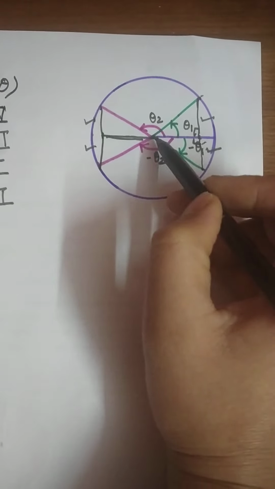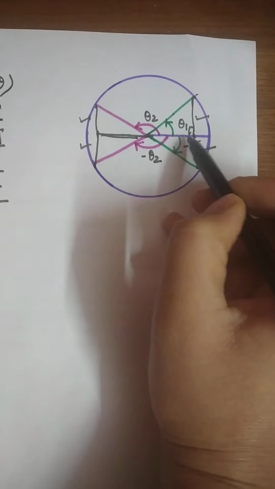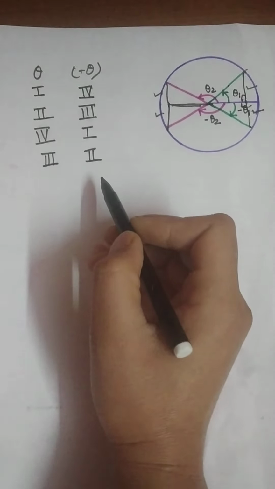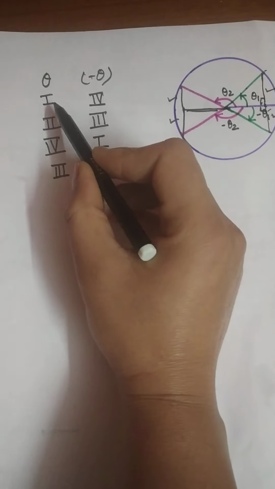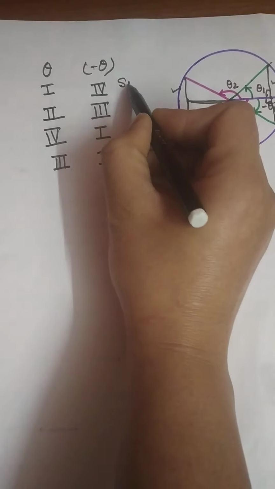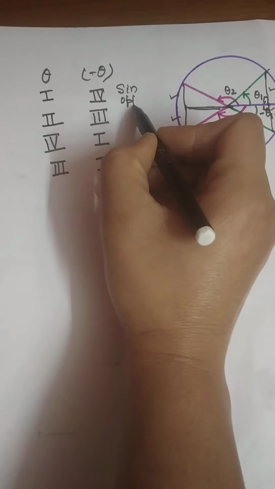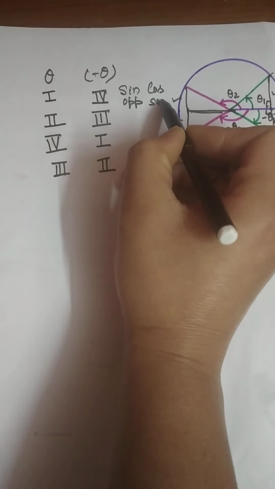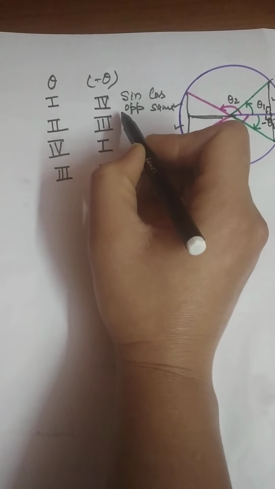And the cos component is exactly identical. Both of them are positive. So now we can sum up for sine and cos again. 1 and 4th: sine component opposite in sign, cos component same in sign and magnitude.